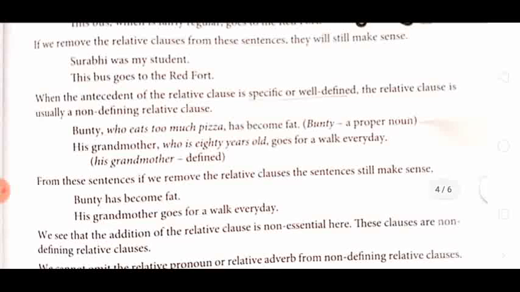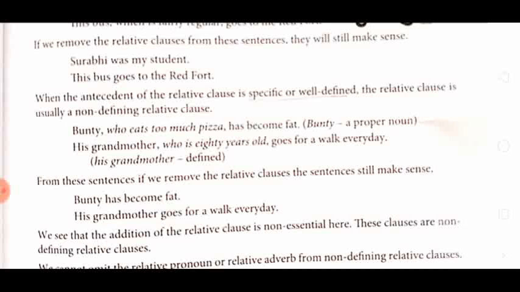When the antecedent of a relative clause is specific or well defined, the relative clause is usually a non-defining relative clause. Bunty, who eats too much pizza, has become fat. Now here Bunty is a proper noun. His grandmother, who is 80 years old, goes for a walk every day. His grandmother is a defined one, and Bunty is also defined, a proper noun. So here we can say that Bunty has become fat.